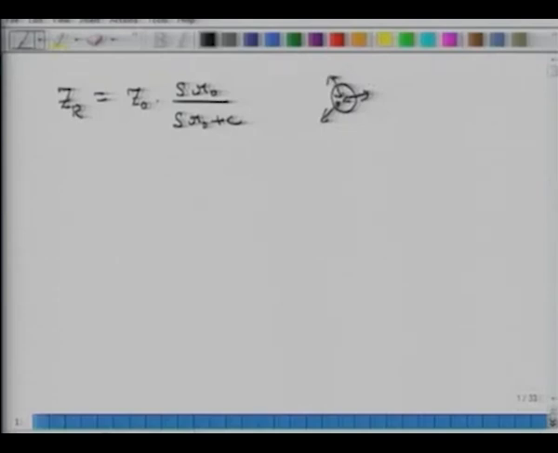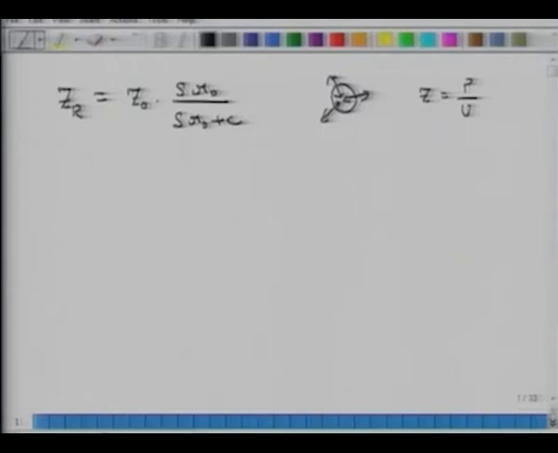And if you remember, impedance in general is essentially pressure over velocity. In context of radiation impedance, we had also talked about per square area.